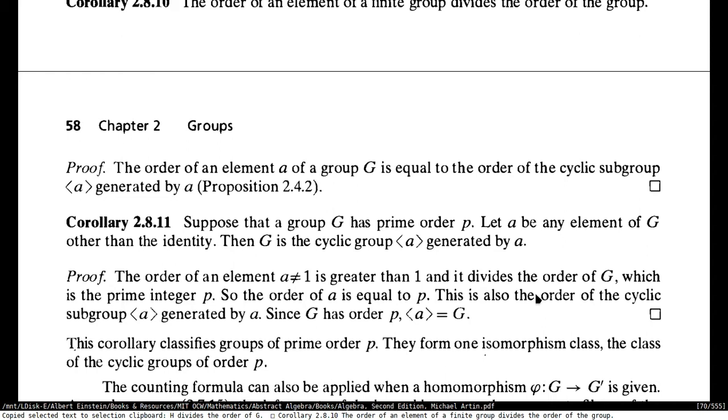Because it's a prime, it either has to be 1 or it has to be the integer p, right? But we already decided that it's non-trivial, so it can't be 1, so it has to be p. So the order of A is equal to p, and this is also the order of the cyclic subgroup generated by A. Since G also has the order of p, the group itself has to be equal to the cyclic subgroup, right?